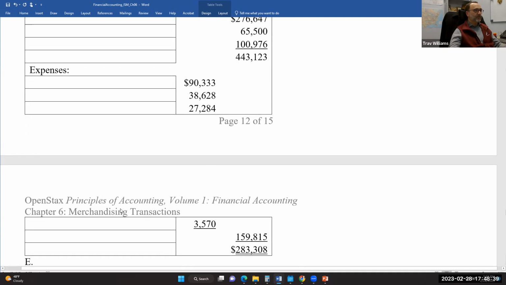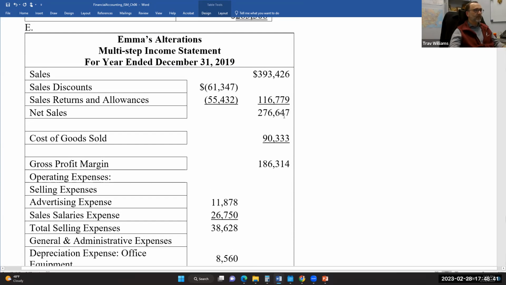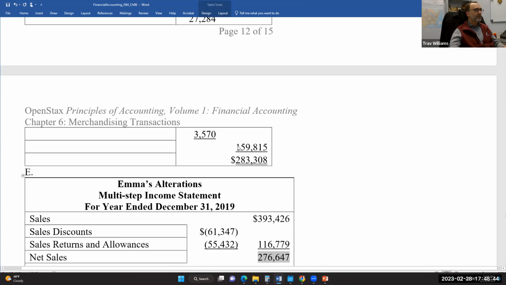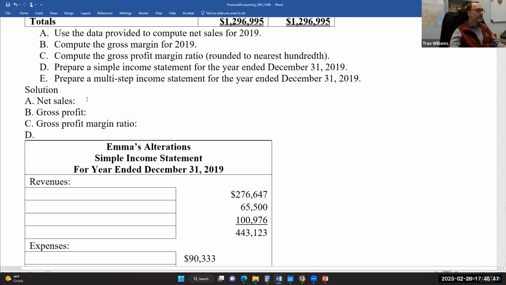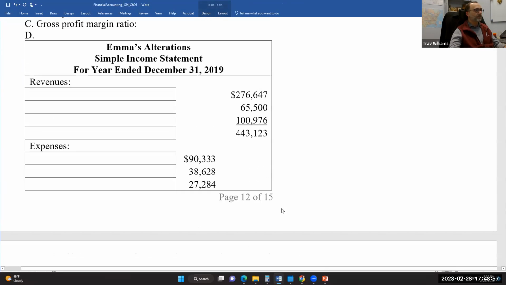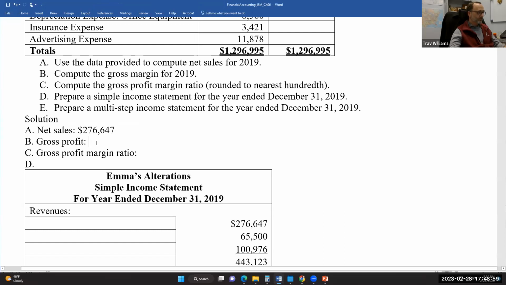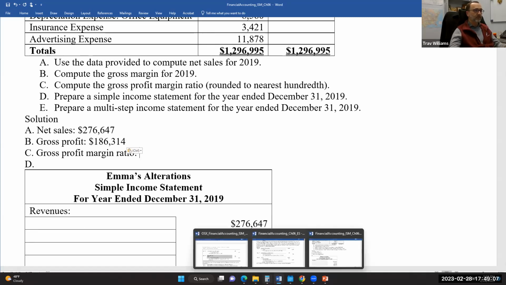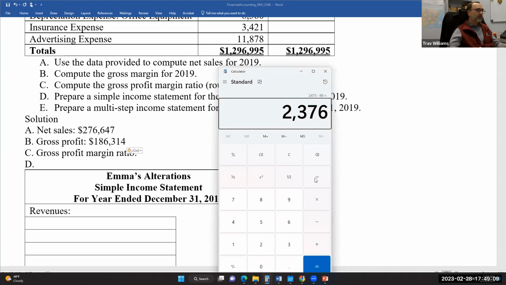Net sales, that's part A. So net sales we calculated here already. We can copy and paste. Gross profit, we got that already. Gross profit is same as gross profit margin. Okay, now to get gross profit margin ratio, what we do is we take our gross profit margin or gross margin, we divide it by our net sales.